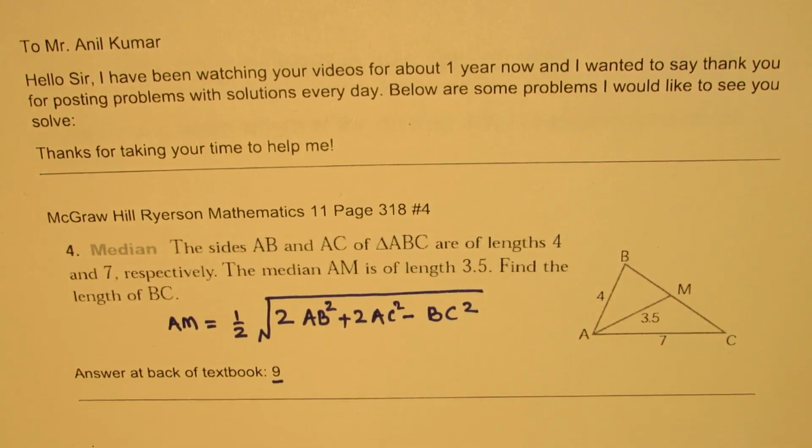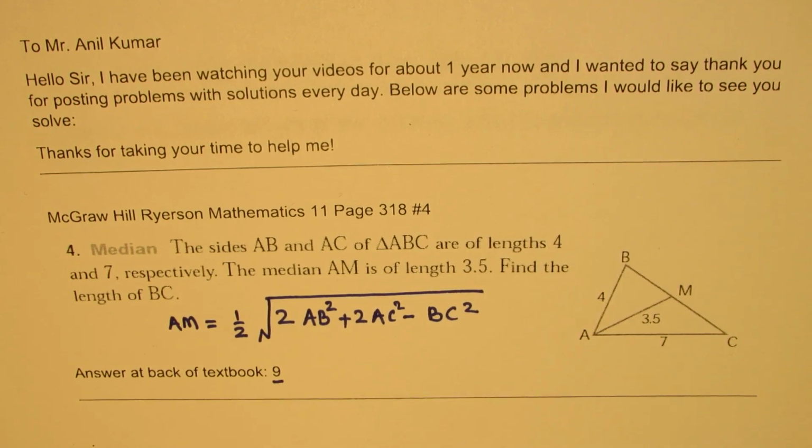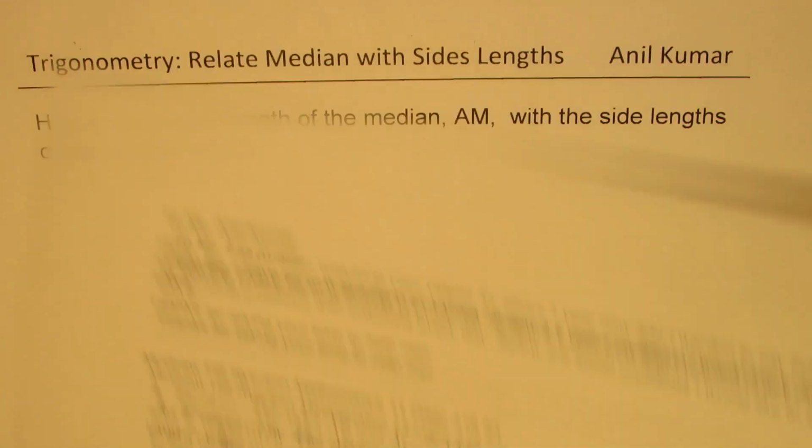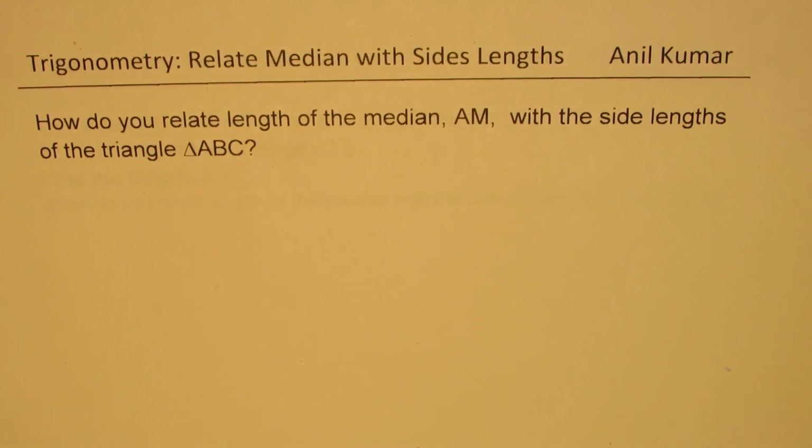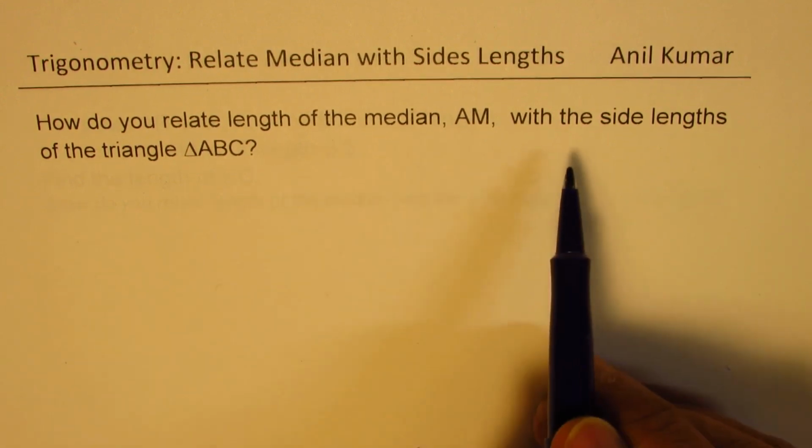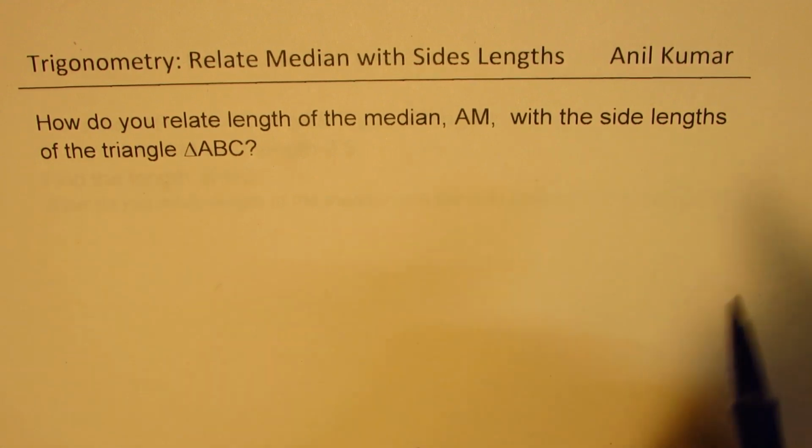Perfect. But the great thing is, how do we derive this formula? That is the unique part. So let's see how we derive this particular formula. The question is, how do you relate the length of the median AM with the side lengths of the triangle ABC?